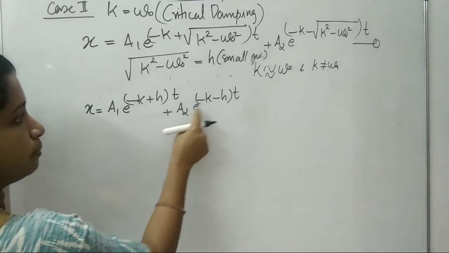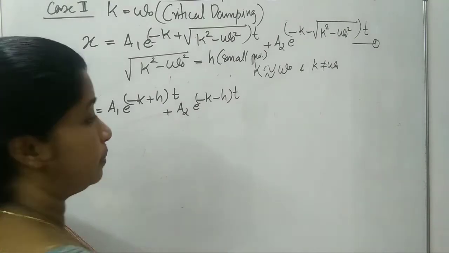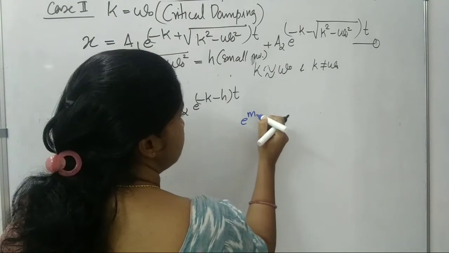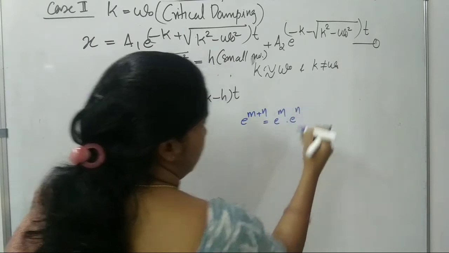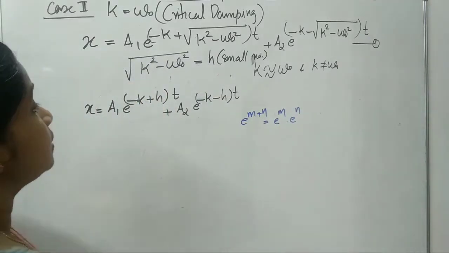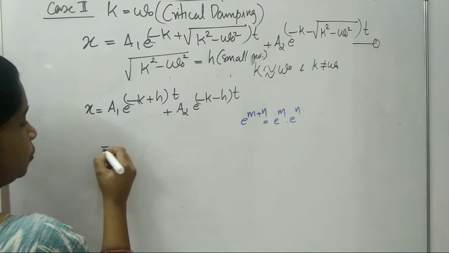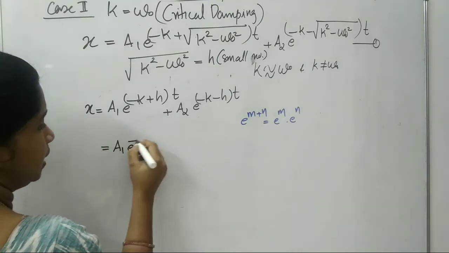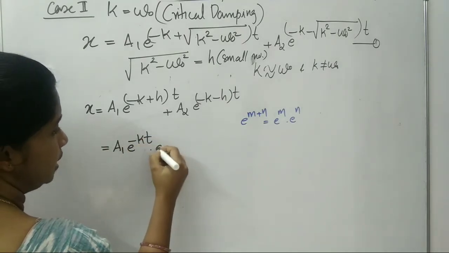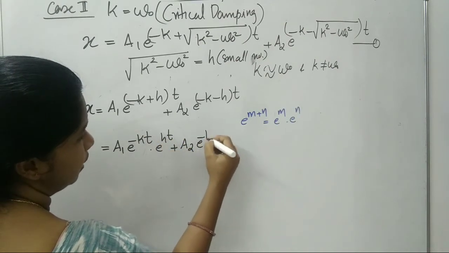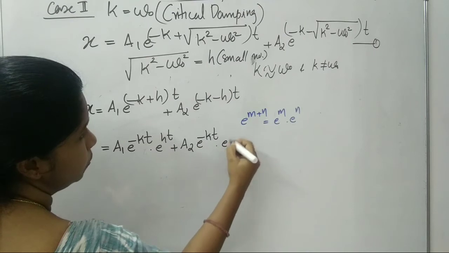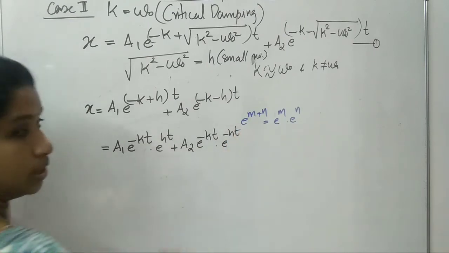So this is e raised to m plus n form. What is e raised to m plus n? e raised to m plus n is e raised to m into e raised to n. So we can write in that form. So a1 into e raised to minus kt into e raised to ht plus a2 into e raised to minus kt into e raised to minus ht.